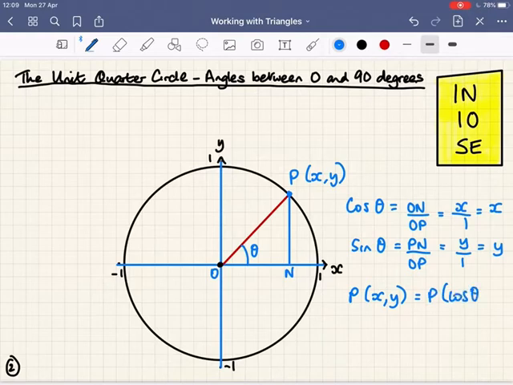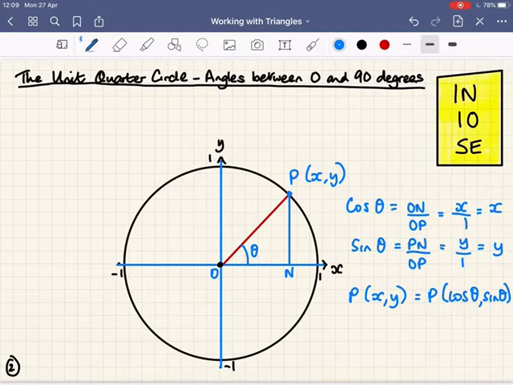My x value at any point on the circle is cos theta, and the y value is always sine theta. Whatever angle I make for theta, the coordinates at that point on the circumference give me cos theta from x and sine theta from y.